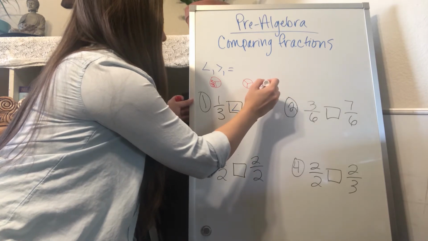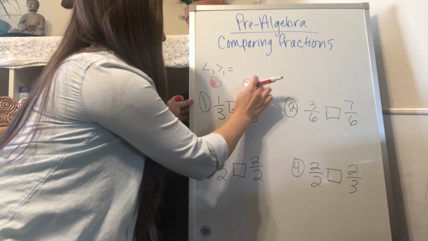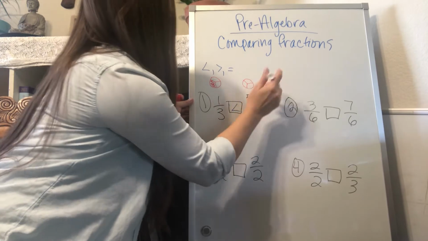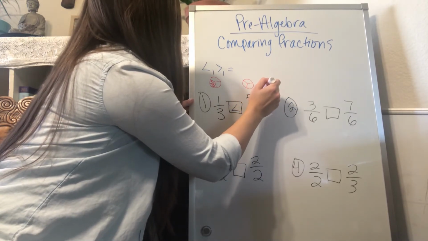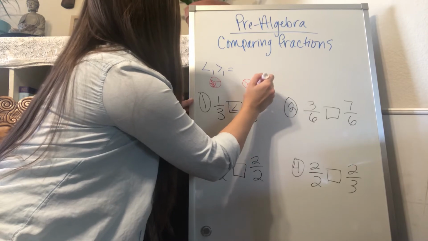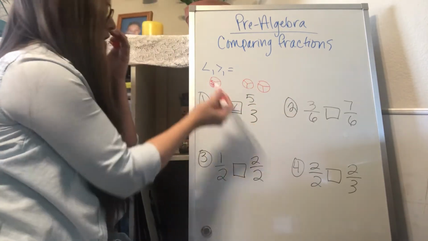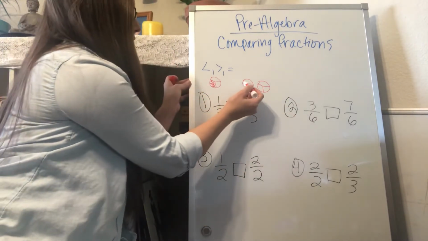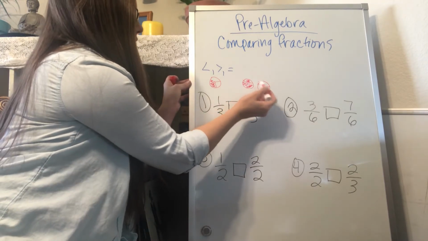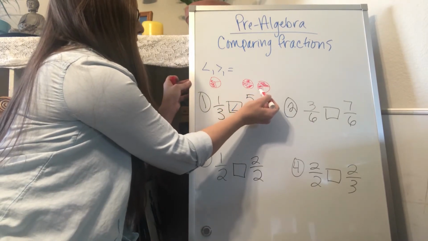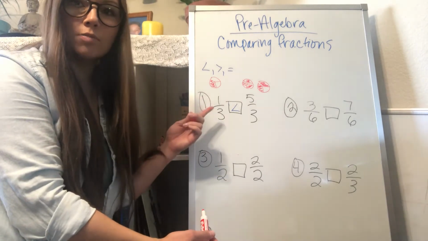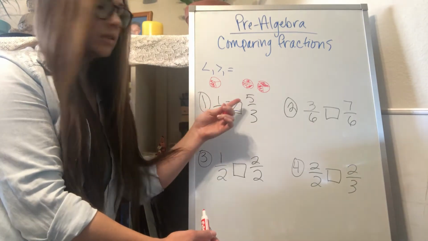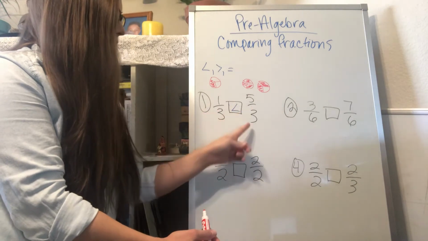Okay, well that one's really crazy. Okay, let's say they're all even. Okay, so 1/3, 1, 2, 3, 4, 5/3. Okay, so 1/3 is obviously smaller than 5/3. So 1/3 is less than 5/3.